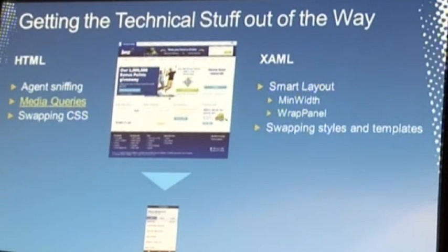This is, I think, the most technical slide I have. So if you're here for technology, after this slide you can leave. So if you're designing for HTML, then what we talk about is agent sniffing.